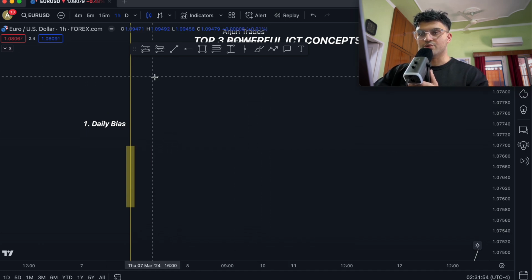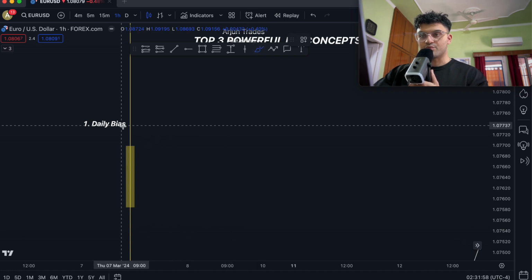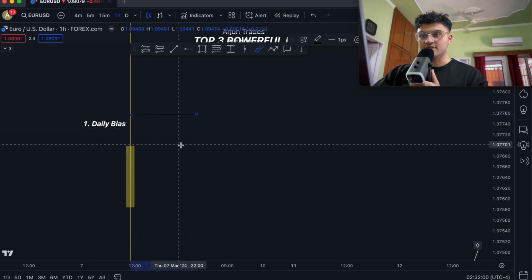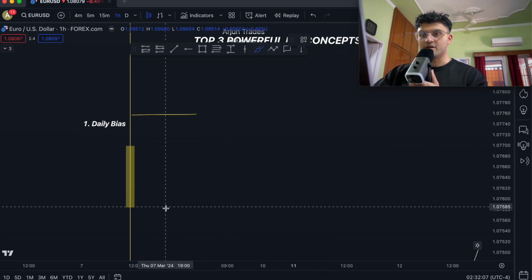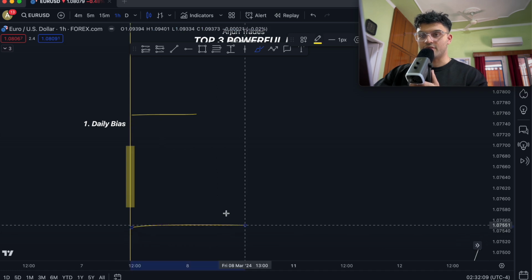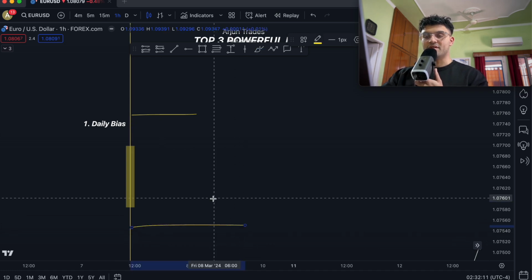So all we want to do is figure out if the next day is more likely to break the previous day's high, let's say it was this area right here, or if it's more likely to break the previous day's low right there. So that is essentially what the daily bias is.